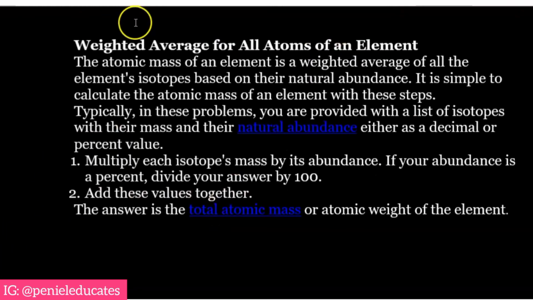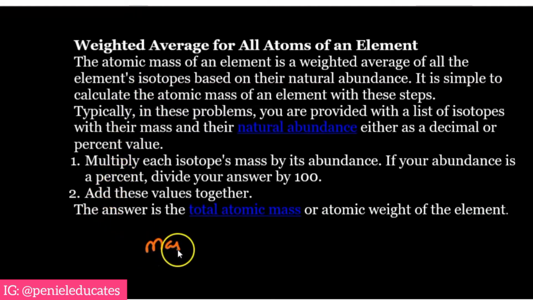All right, so just a quick recap before we have some questions to solve. The atomic mass, which is the weighted average of all the isotopes based on their natural abundance, is very, very simple to calculate. So what are the two steps that we need to know? You multiply each isotope's mass by its abundance.